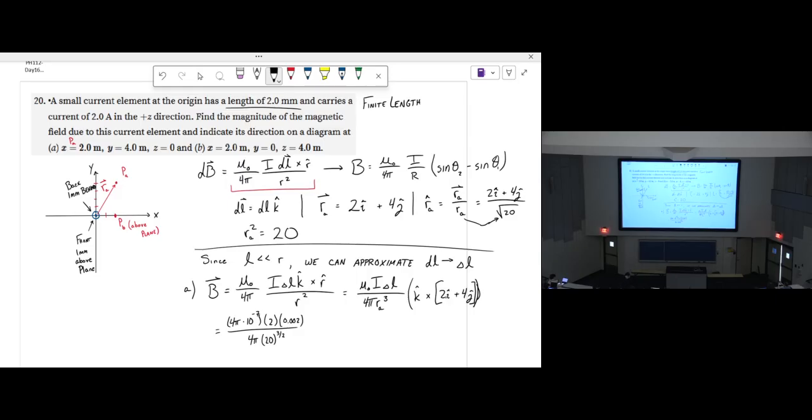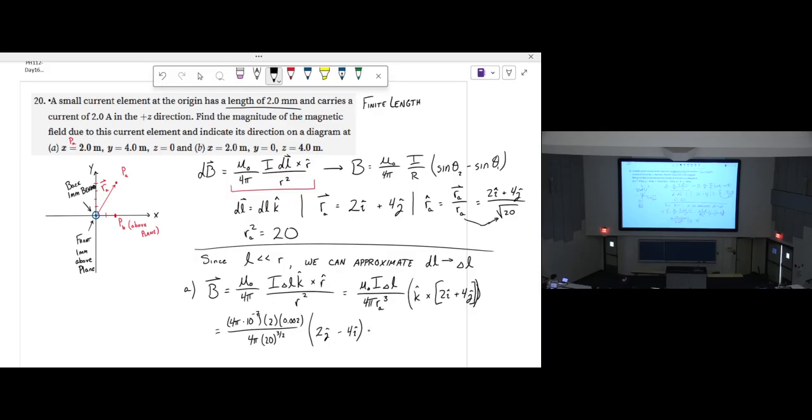And now we want to consider what k crossed into i is, and k crossed into j is. So what is k crossed into i? J, exactly. So I'm going to have 2 j, and then k crossed into j is minus i hat, so that's minus 4 i hat here.